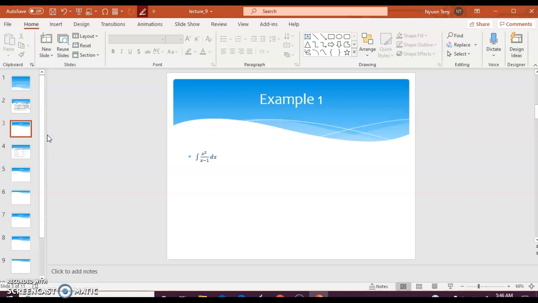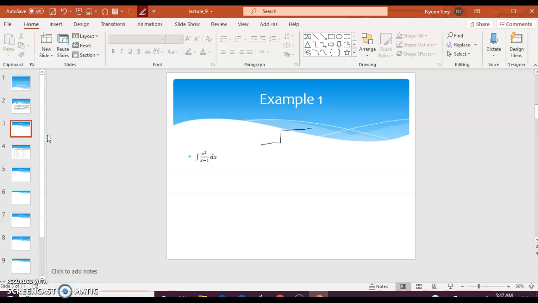I said for a proper rational function, the degree in the denominator must be greater than the degree in the numerator. But this is not the case here. Here I have x and there I have x squared. So this is not a proper rational function. It's improper.